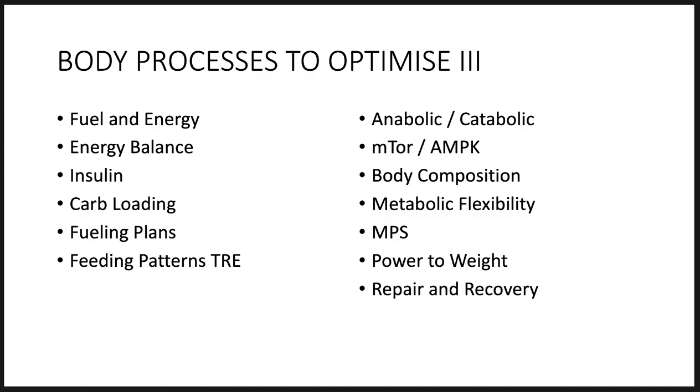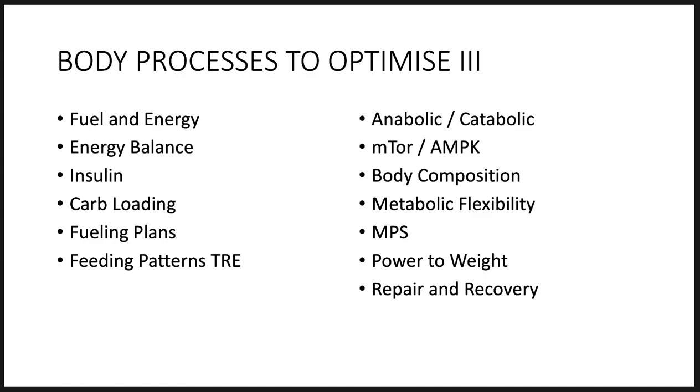What we're looking at here is fuel and energy use, so substrate use, energy balance, the role of insulin, carbohydrate loading, carbohydrate cycling, fueling plans, feeding patterns, time restricted eating, and then how this ties into the anabolic catabolic seesaw, which relates to enzymes mTOR, AMPK, and also the SIRT genes.